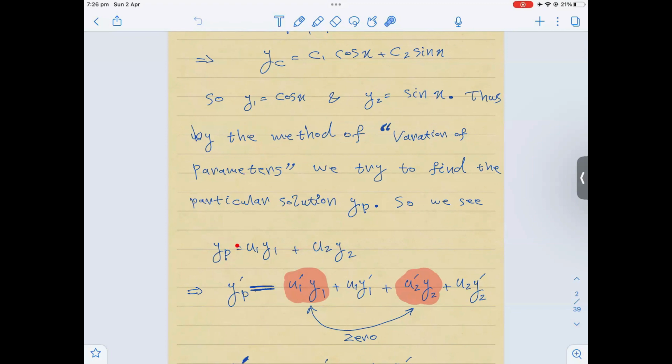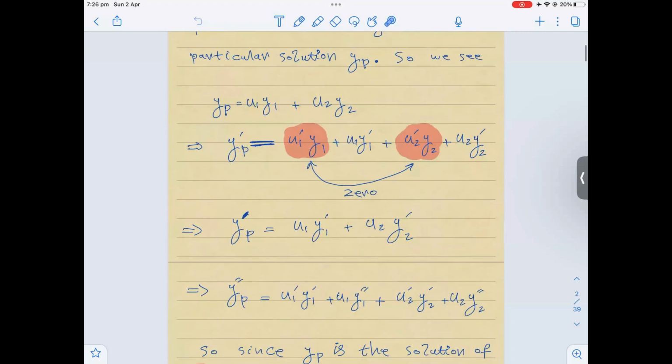Now, from here, we see that yp prime is this expression. Due to that assumption, u1 prime y1 plus u2 prime y2 is equal to 0, so yp prime reduces to two expressions.